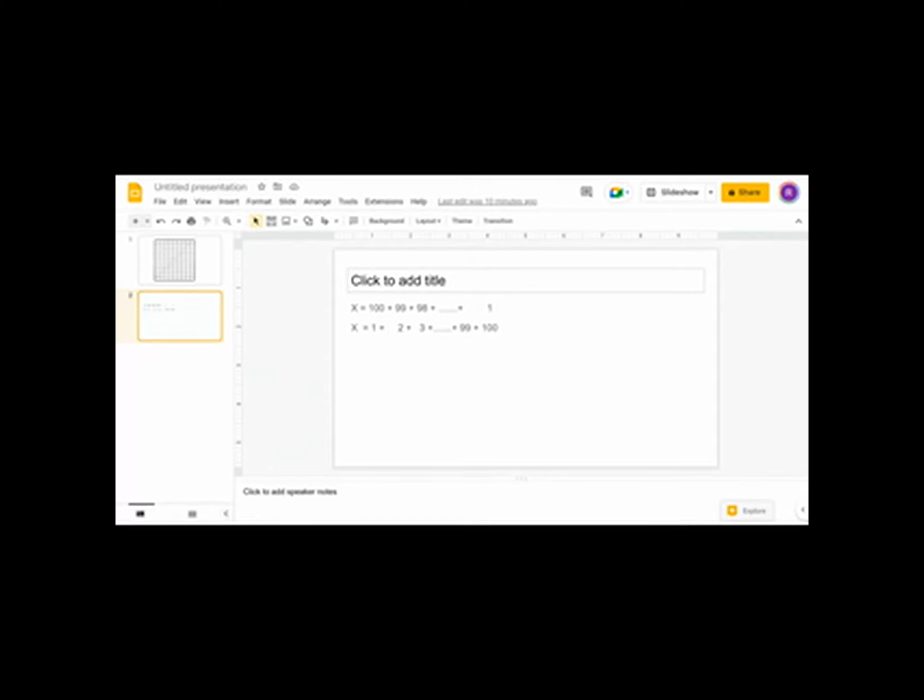Yes, sir. Sanjana, why is it going to be 101 in every column? The first number is 100 and the one below it is 1, sir. 100 plus 1 is equal to 101, sir.